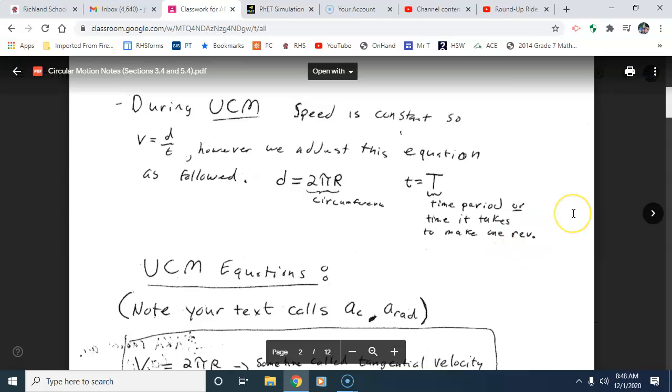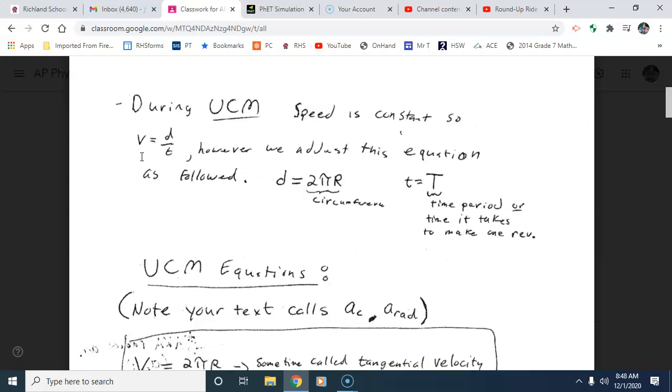So remembering all of that, let's move forward with the notes and look at some equations. The first equation really comes from v equals d over t, which we have to be careful about, as we learned in the past. If you recall, when you use the formula v equals d over t, if we know the object was traveling at a constant speed, then we find not just any old velocity, that would be an instantaneous velocity at any given moment.